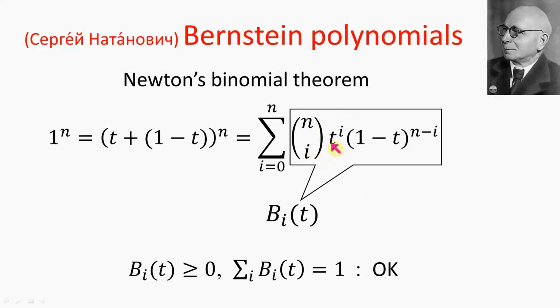If t is non-negative, then the ith power of t is also non-negative, and if t is not greater than 1, 1 minus t is also non-negative. Additionally, if we add all Bernstein polynomials for an arbitrary t, using Newton's binomial theorem, we get the nth power of 1 back, which is 1, so the second requirement is also met.